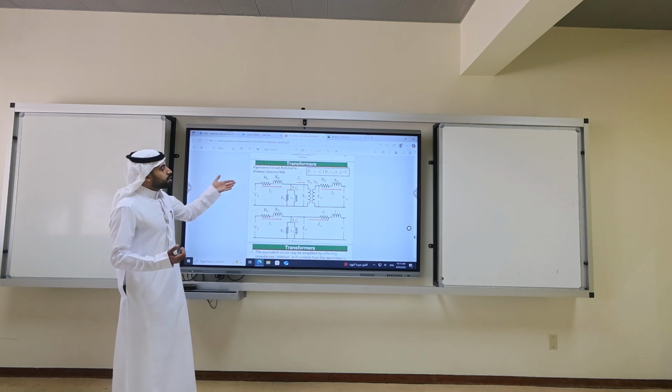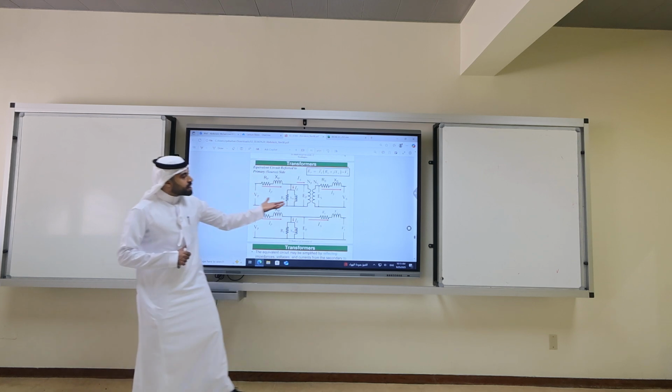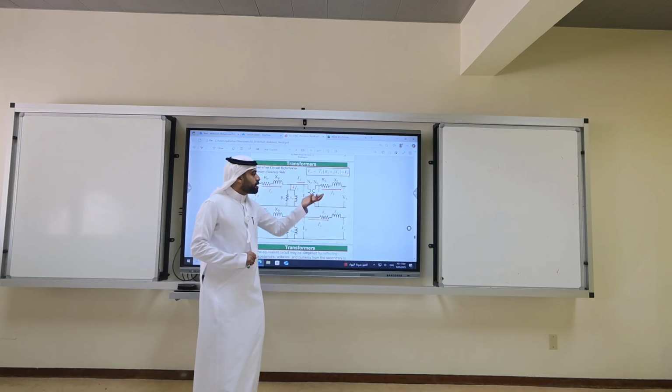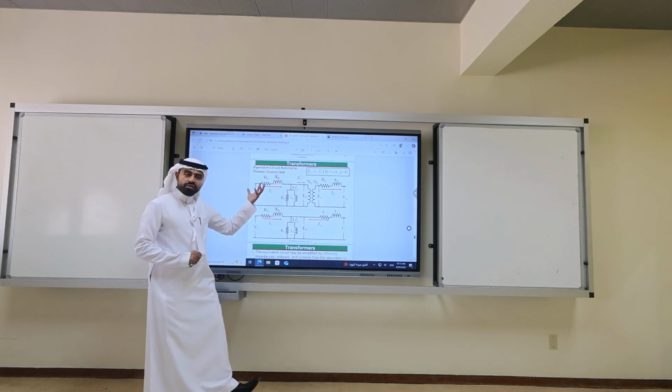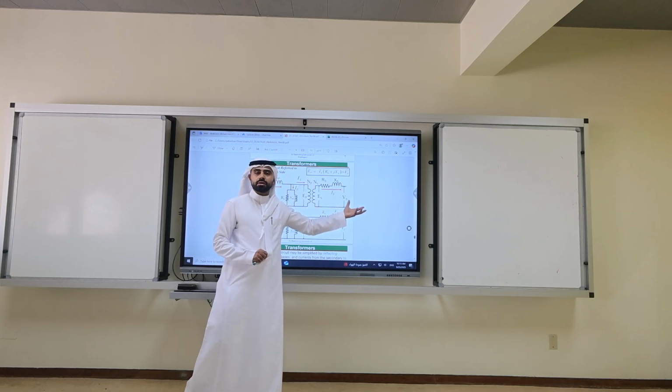Now, reflection. There are two types of reflection: reflect the secondary components to the primary side, or reflect the primary components to the secondary side.